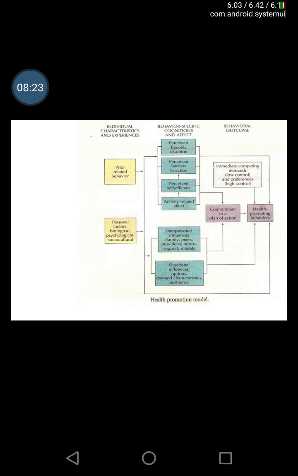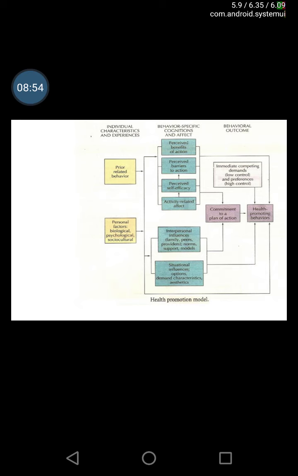Next are situational influences, that is the person's individual preferences or options, demand characteristics or the nature of the behavior. Here you can see the interpersonal and situational influences directly or indirectly influencing the health promoting behaviors.